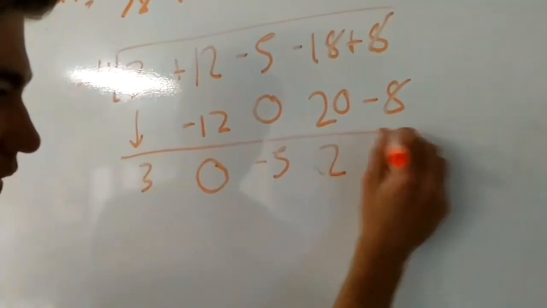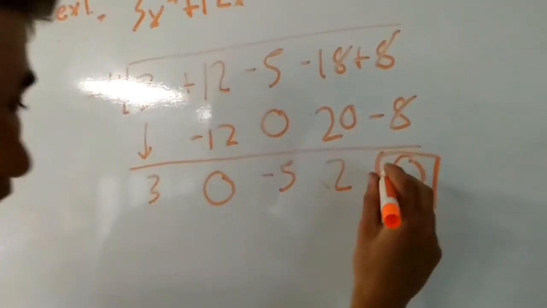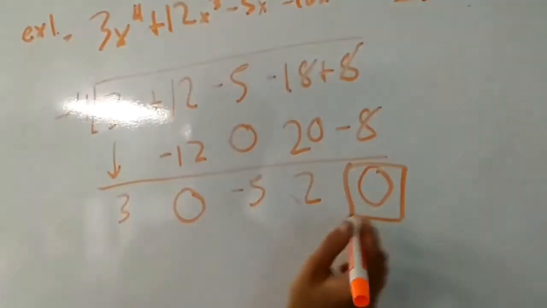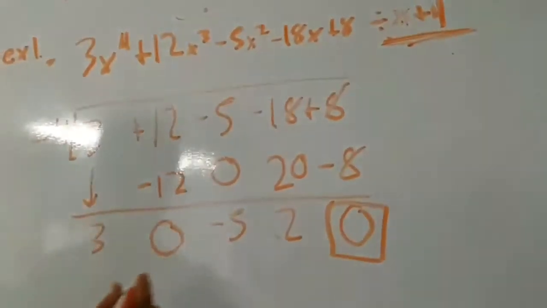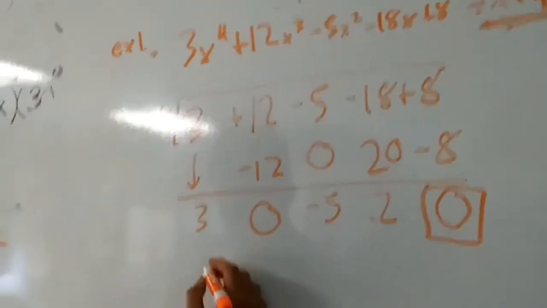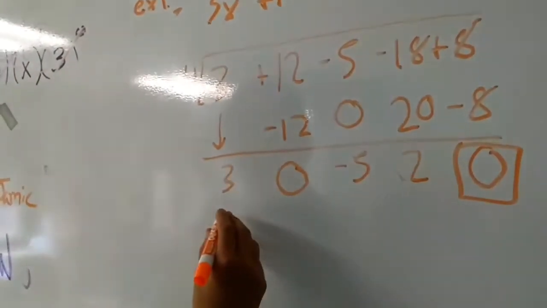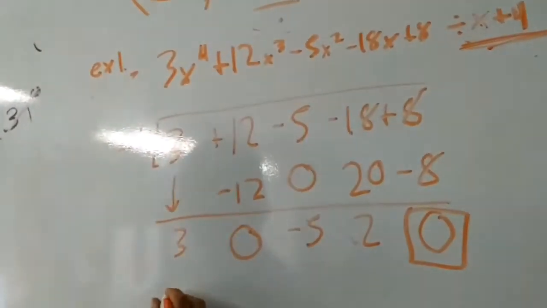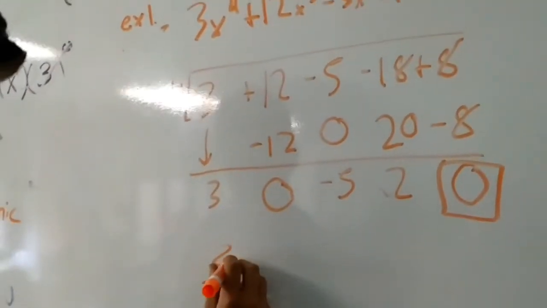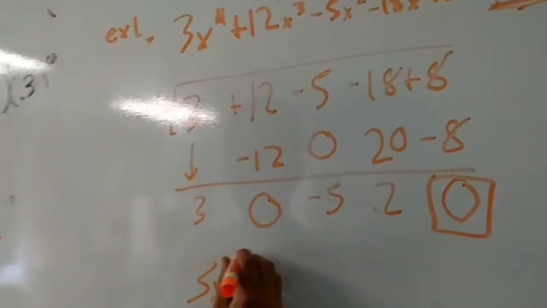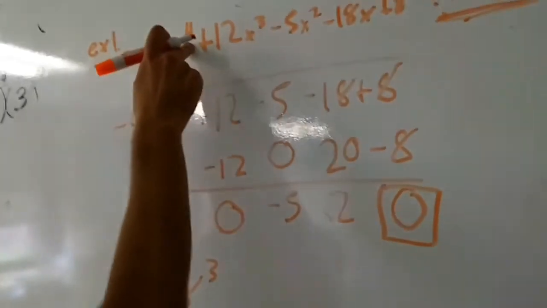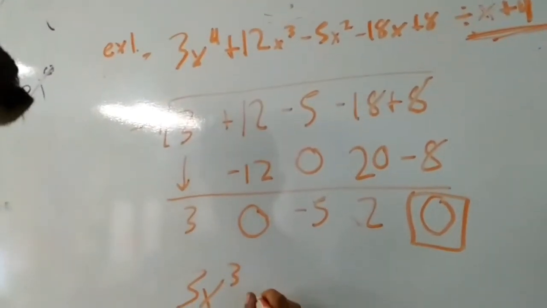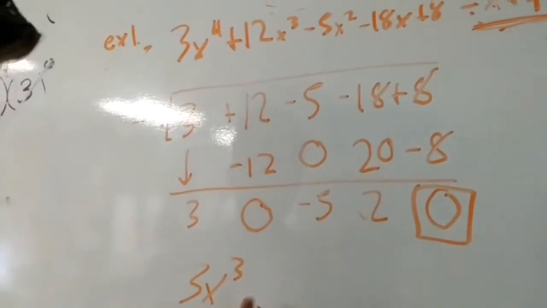You're going to get a 0, no remainder. The last one had a remainder, but here you're not going to end up dividing by anything. You don't need to divide by the -4 or the +4. So here you're going to add in the x and the exponents again. So 3x is going to be to the third, because you're starting 1 less than this exponent. And then plus 0x squared, which is optional.